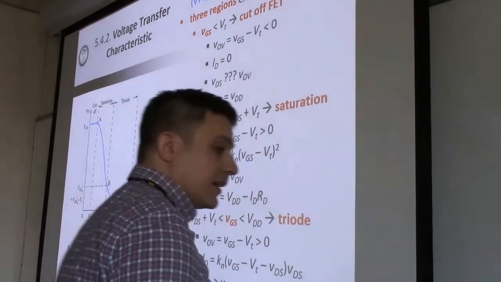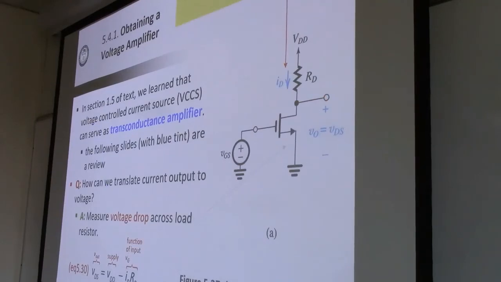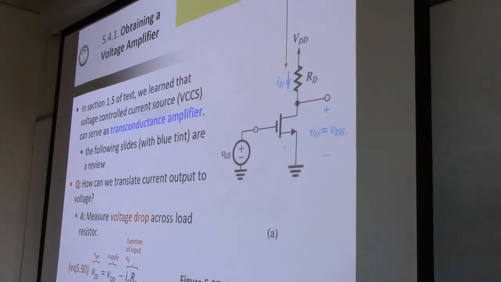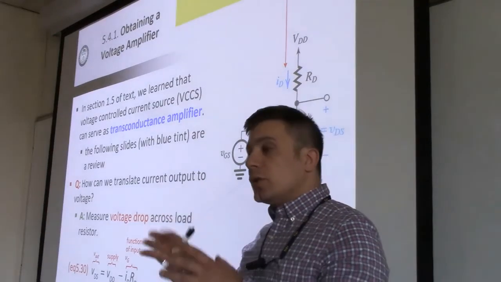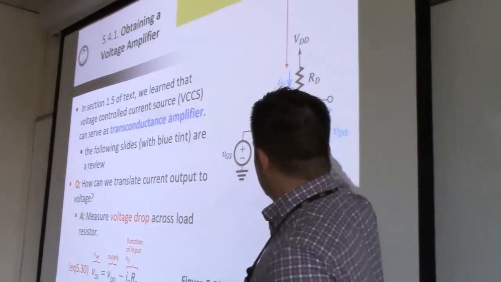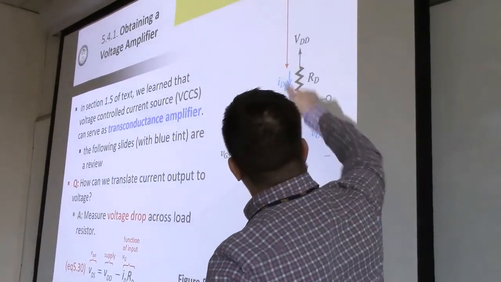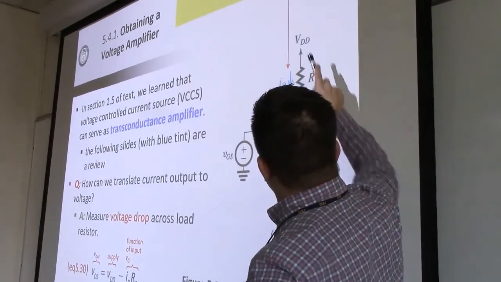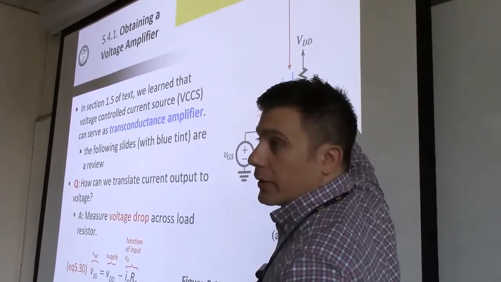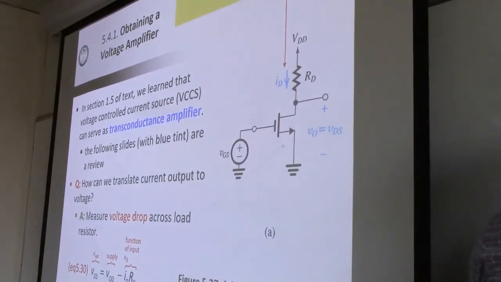VDS is dropping because as you increase VGS, that's the equivalent of closing the circuit, making the internal resistance between these two terminals smaller and smaller, which means more and more current will flow down here. What is this voltage? VDD minus ID times RD. As ID gets bigger and bigger, VDS gets smaller and smaller.